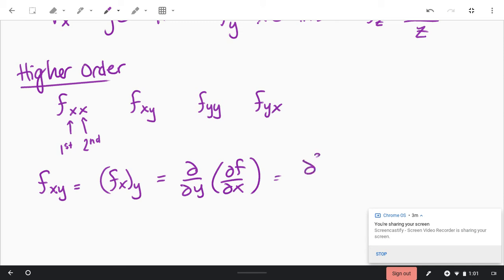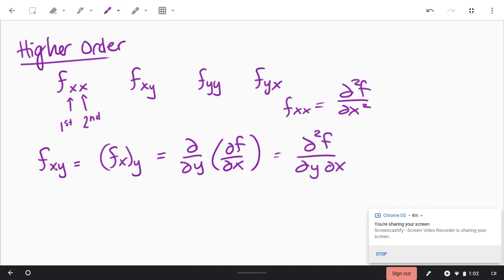That's how we'd also get something like that. Or if it were fxx, that would be like that. Okay. That's pretty much, I'm just going to leave it like that for now. There might be some other notations, but these are the ones that you'll see in your book.